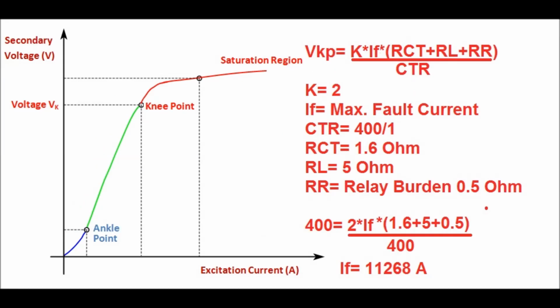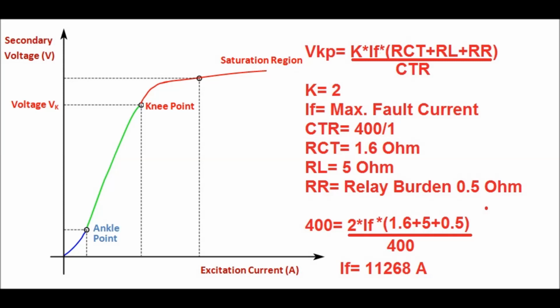Now knee point voltage VKP is given by K into IF into (RCT plus RL plus RR) divided by CT ratio. Now K is a factor which is normally equal to 2. Now IF is the maximum fault current, and RCT is the CT coil secondary resistance.